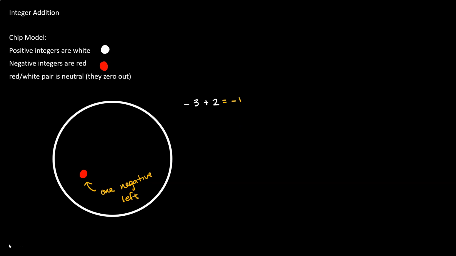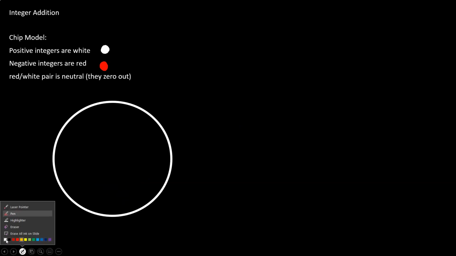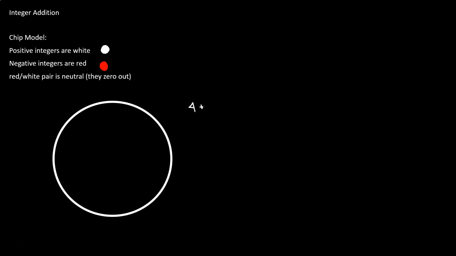Let's try another one. How about 4 plus negative 3?